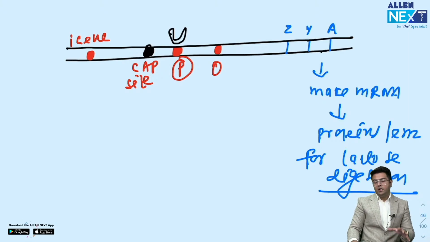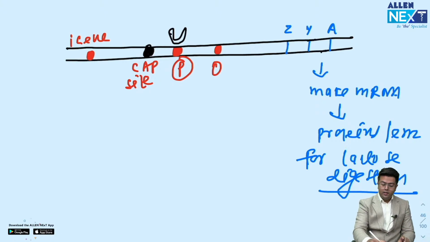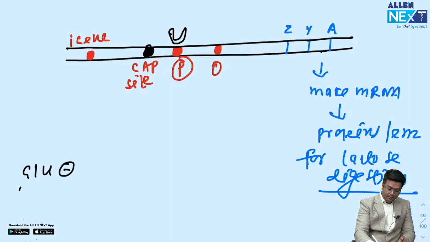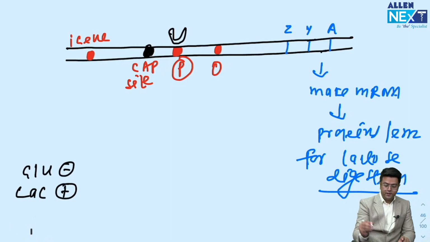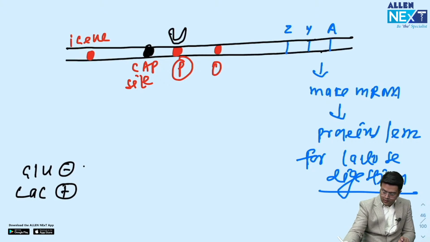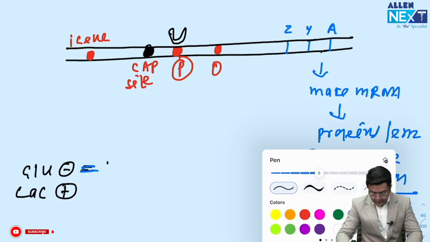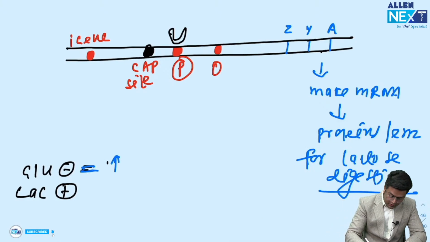The only possibility of expression of the lac operon is that glucose must be absent and lactose must be present, because whenever glucose is absent, this will cause an increase in cyclic AMP.